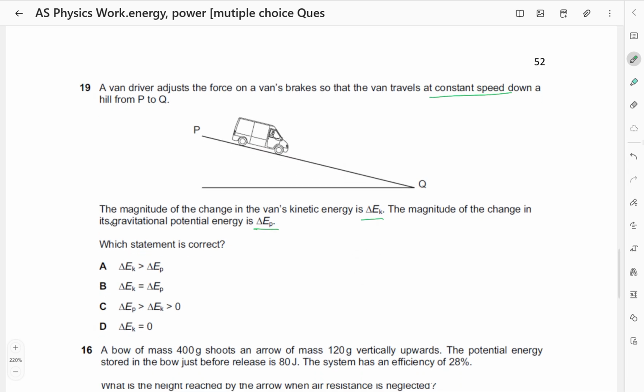Of course, the speed is constant, so kinetic energy is constant, so the change in kinetic energy is equal to 0. The change in kinetic energy is 0 because the speed is constant, so automatically the answer is D, without even wasting time.